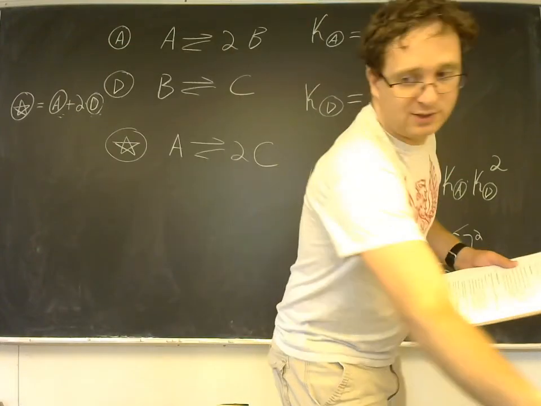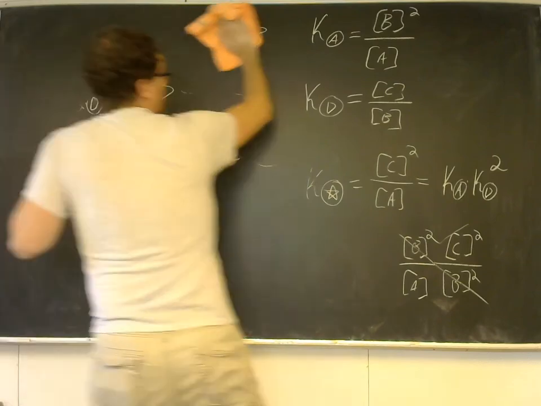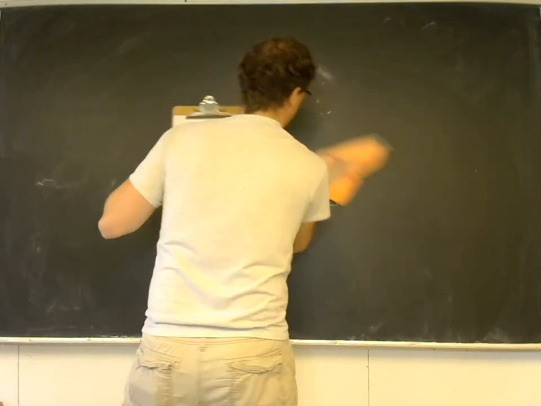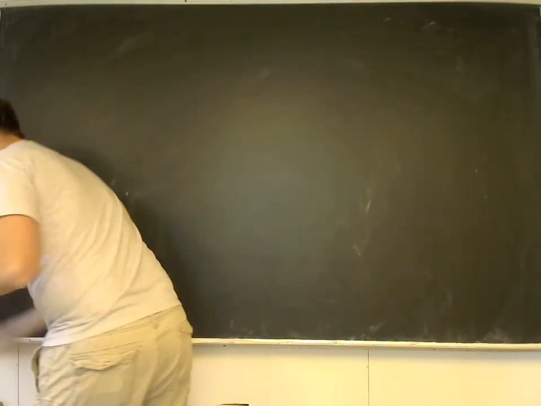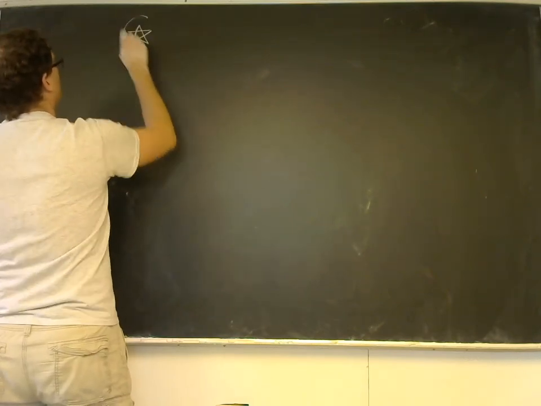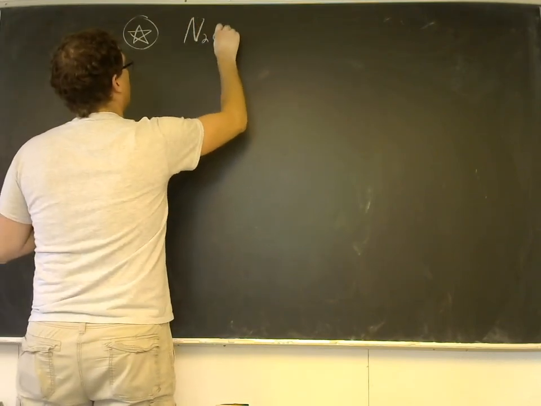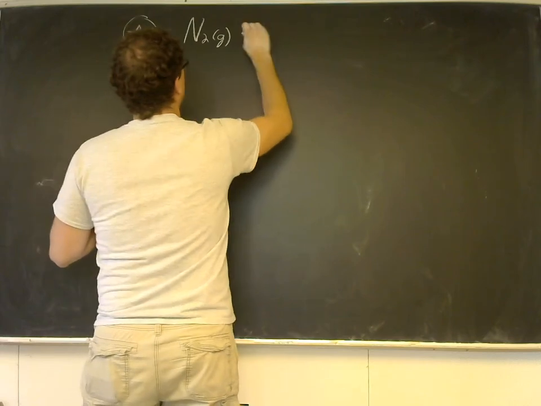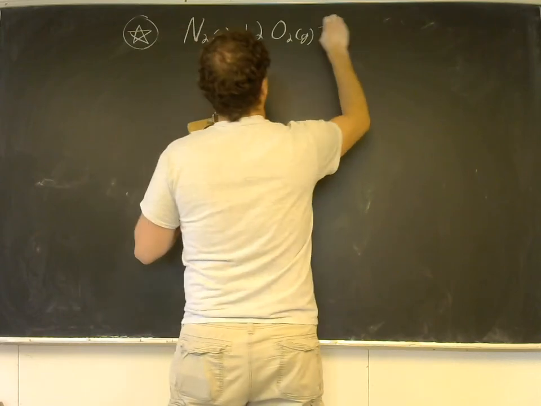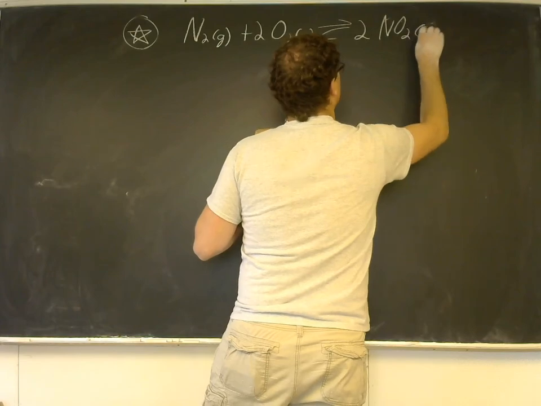Okay, let's finally just do one grand example. We'll use real world values. Okay, so I want to find K for this reaction. I'll call it reaction star, and that is N2 gas plus 2O2 gas in equilibrium with 2NO2 gas.